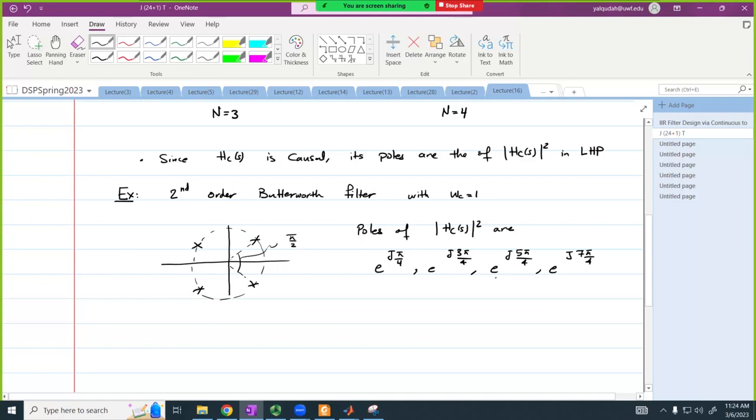The ones at e to j 5 pi over 4 and e to j 3 pi over 4 are the causal roots, the causal part of HC of s. So these are the ones that are in the left half plane.